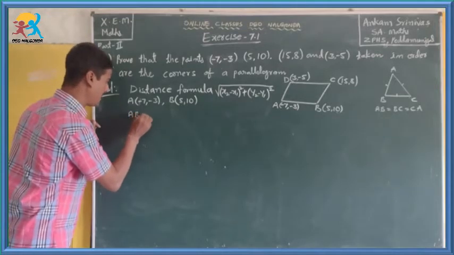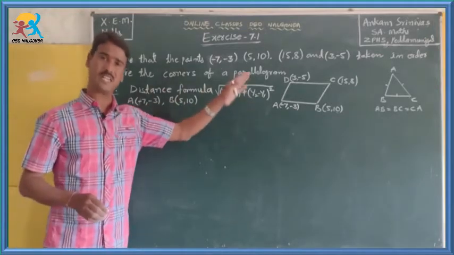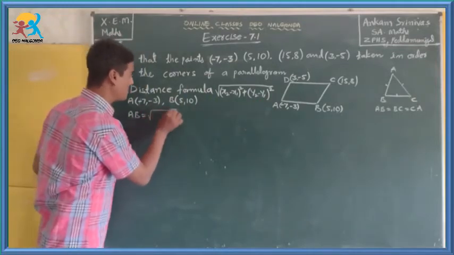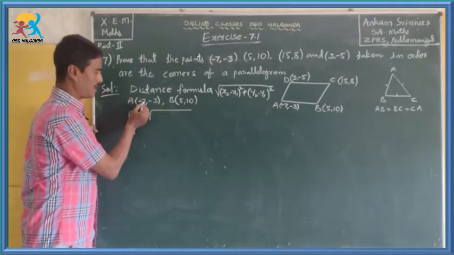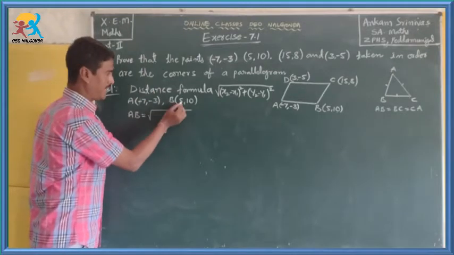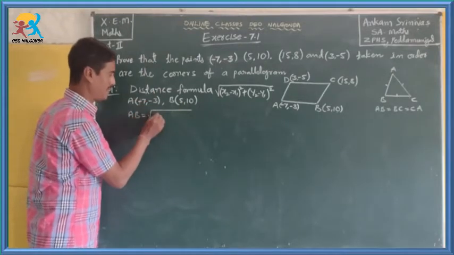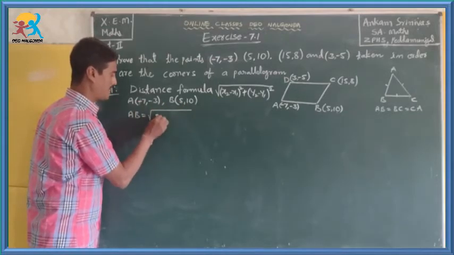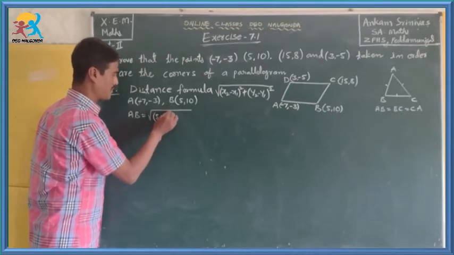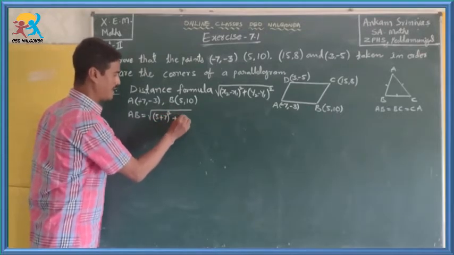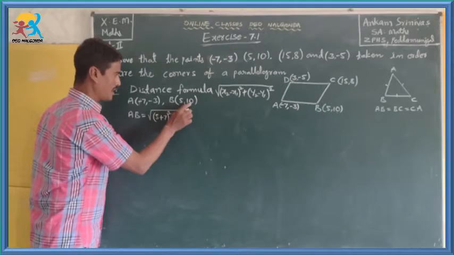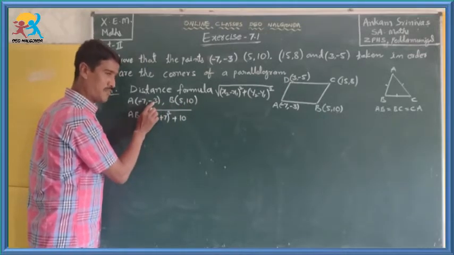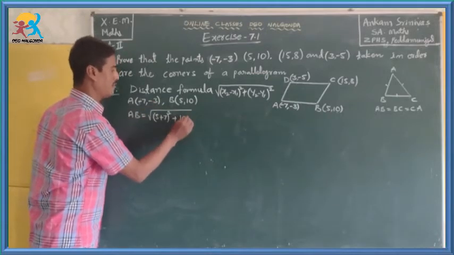Length of side AB means distance between points A and B. Square root of x2 minus x1, 5 minus of minus 7 becomes plus 7, whole square, plus 10 minus of minus 3, it becomes plus 3.